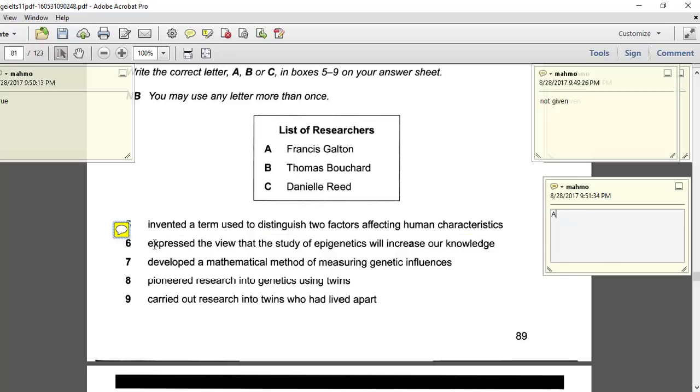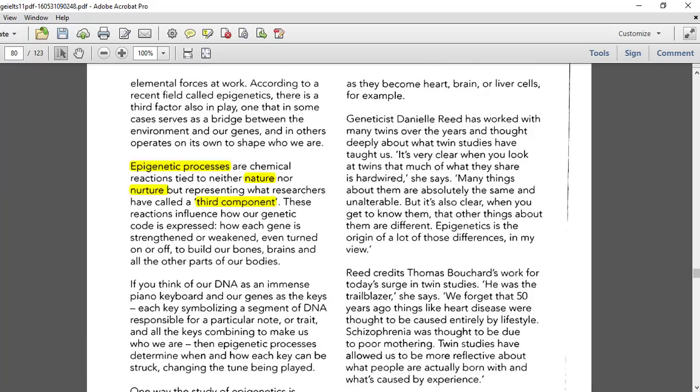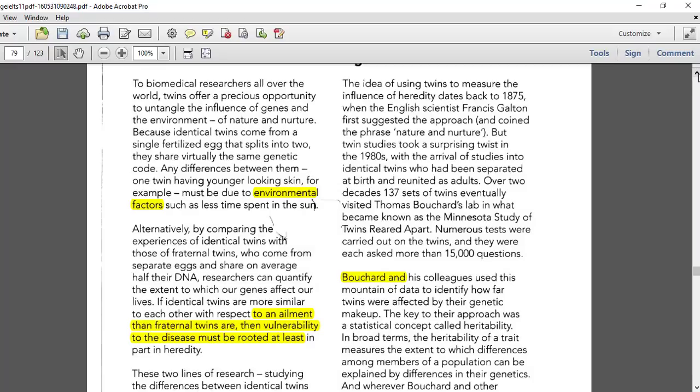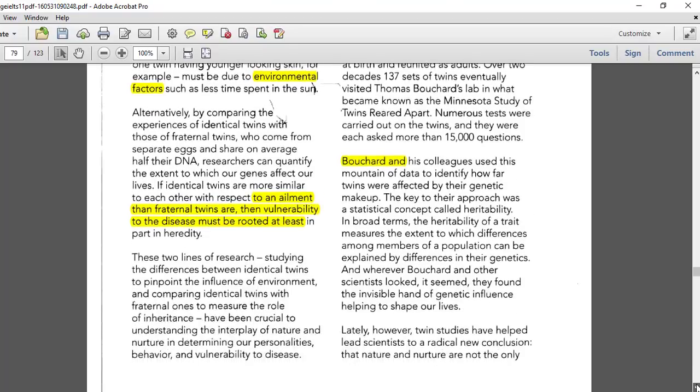And A stands for Galton. Clear? Number 6: expressed the view that the study of epigenetics will increase our knowledge. Increase knowledge. Okay, get back to the passage. We're done with Galton and we'll move forward because we have not seen something like this before. Move forward. Here, maybe.